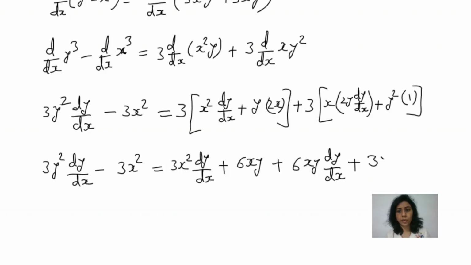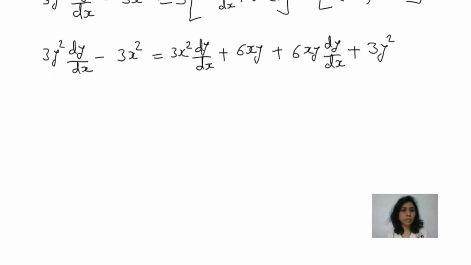and when we multiply 3 here, this is 3y square. All dy upon dx terms shift to the left side, and this term minus 3x square shift to the right side.